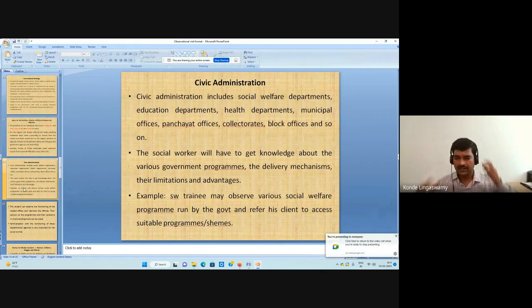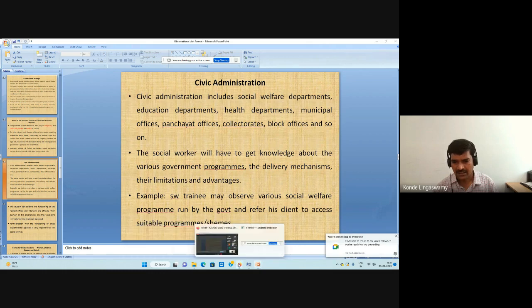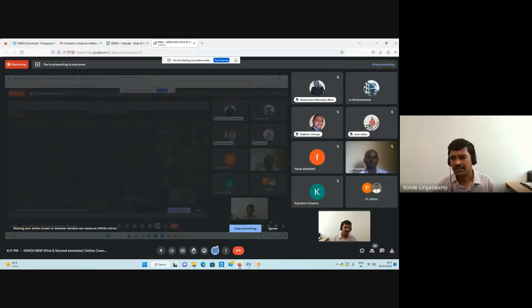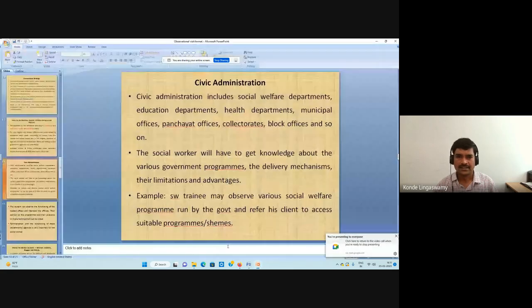Civic administration includes social welfare departments, education departments, health departments, municipal offices, panchayat offices, collectorates, district collectorates, block offices, and so on.